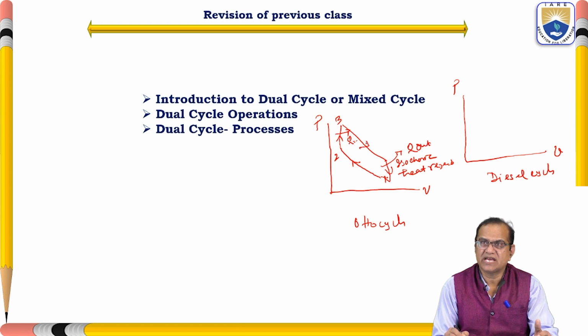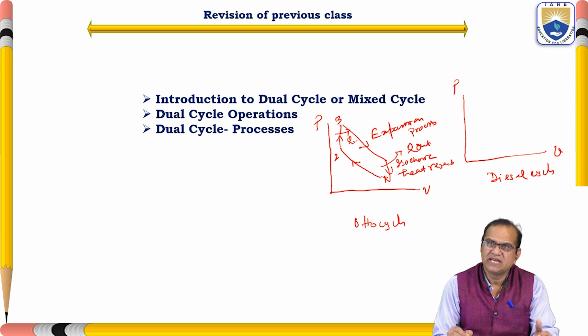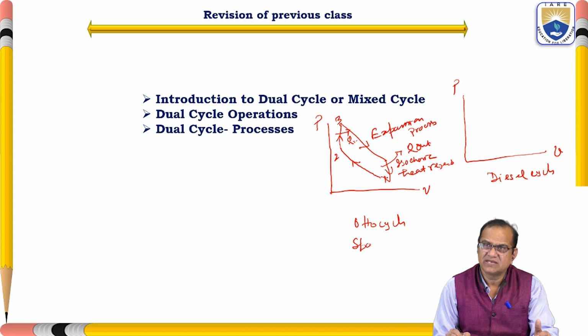Here this is the expansion process. And here heat is added, and Otto cycles are used for spark ignition engines.